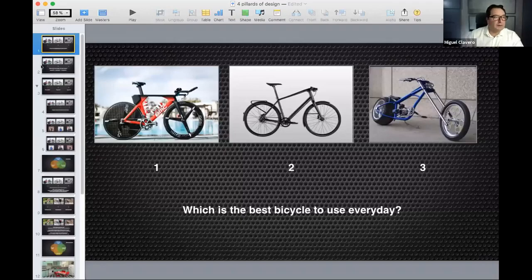The first question is, which is the best bicycle to use every day?